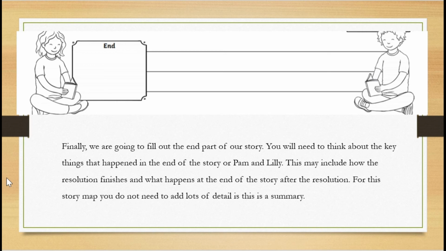You might include things that happened after the solution, the resolution, what is happening at the end, how did the characters all finish, what was the aftermath after that solution was put into place in the story. I'm about to move on to my example. Press pause, go and have a go, and then when you're ready, come back and press play again to keep moving on.